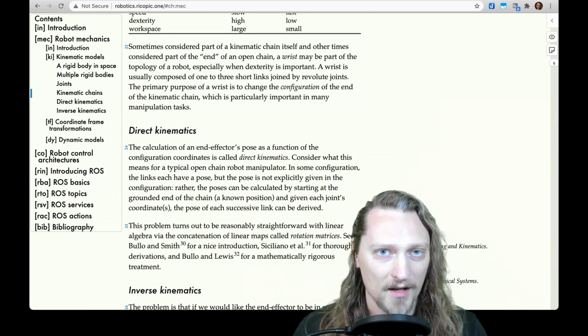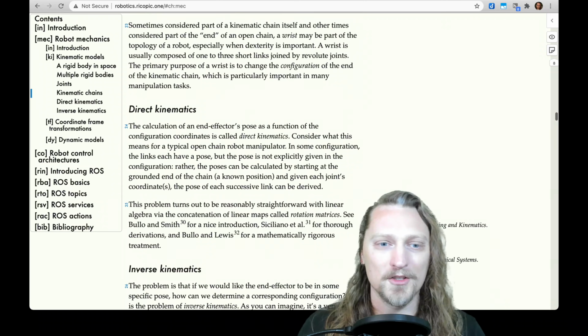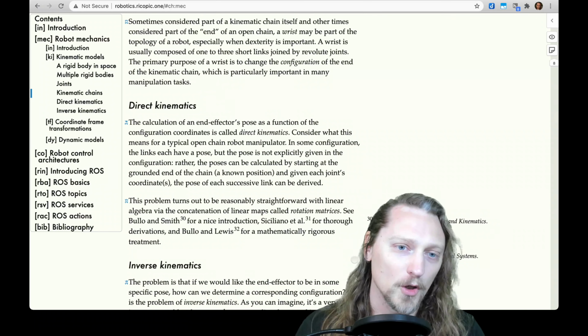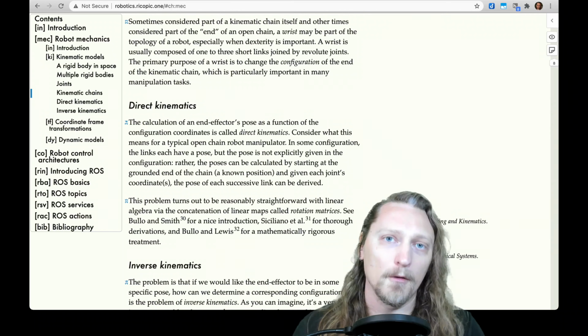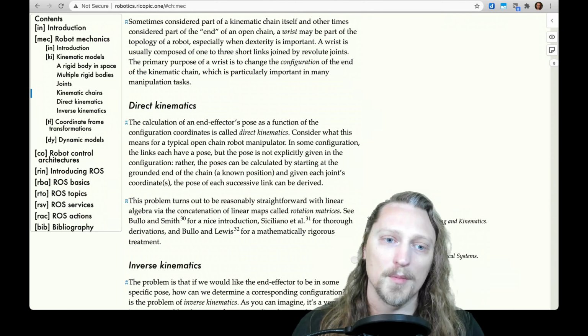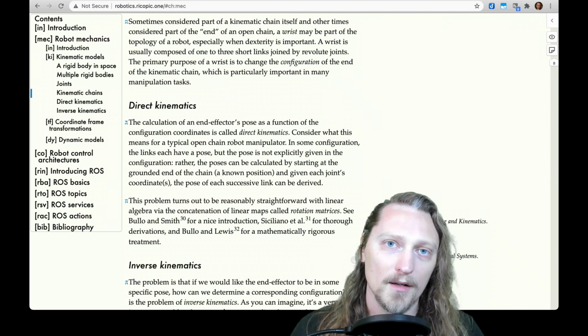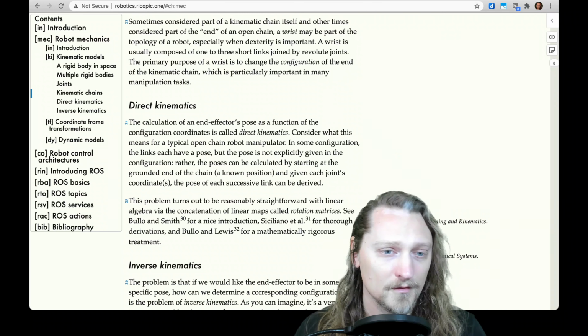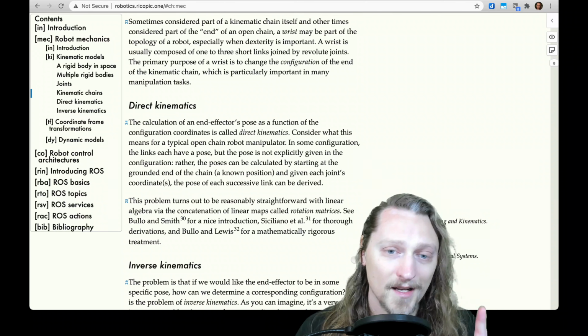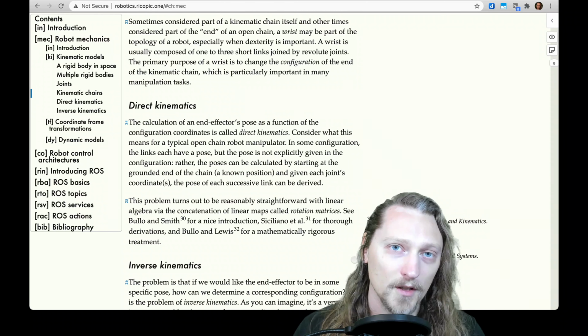Direct kinematics. The calculation of an end effector's pose as a function of the configuration coordinates is called direct kinematics. Consider what this means for a typical open chain robot manipulator. In some configuration, the links each have a pose, but the pose is not explicitly given in the configuration.